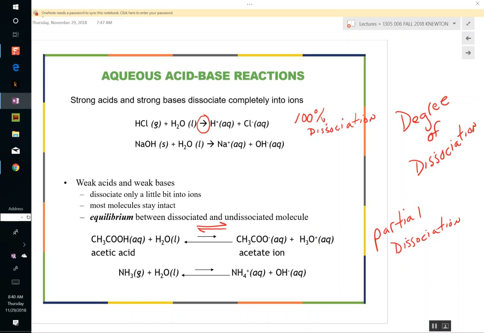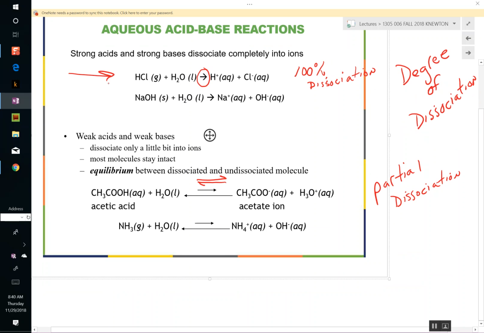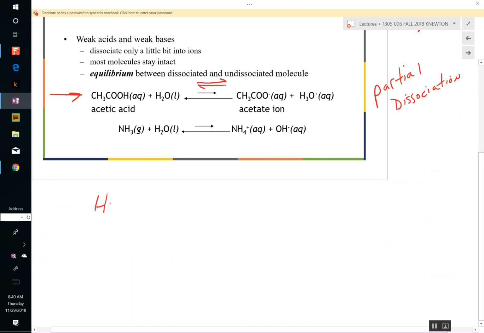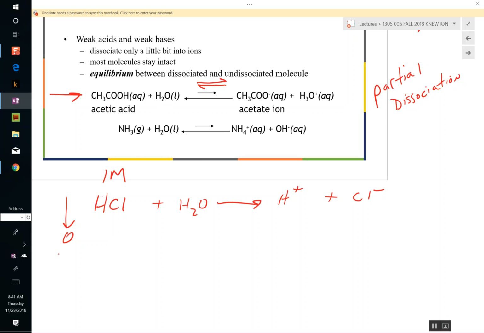So let's take this a little bit further. Let's just look at the HCl and compare it to the vinegar for a second here. So let's have HCl, and it's 1 molar HCl. Since this goes to 0, it completely dissociates. I put 1 mole of HCl per liter of solution.